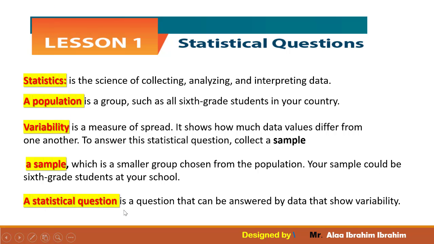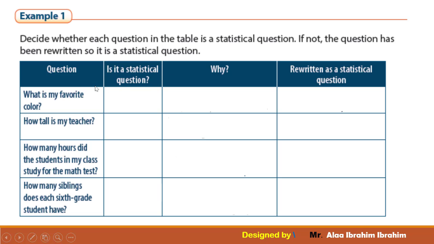Now, a statistical question is a question that can be answered by data that show variability. To know whether this is a statistical question or not, I have to think about different information, meaning a group, many ideas, many differences. Take an example, number 1.